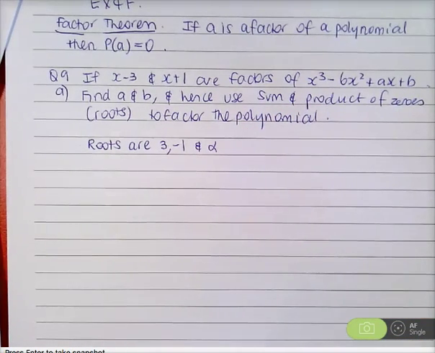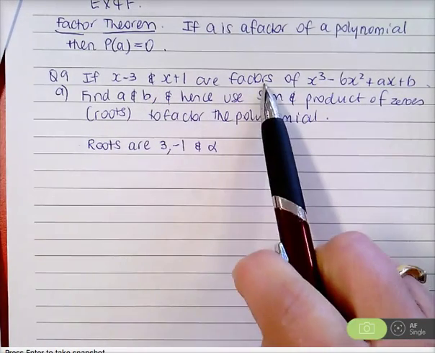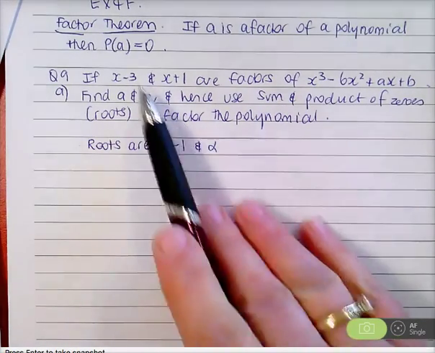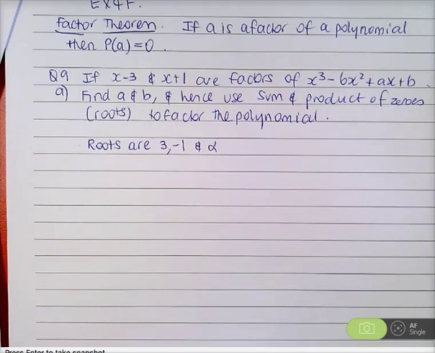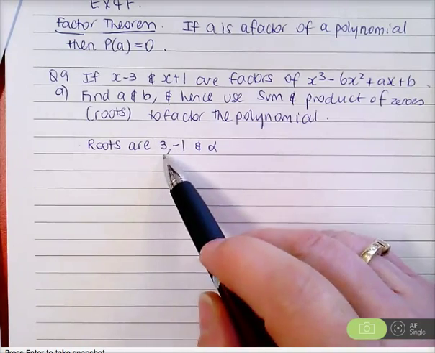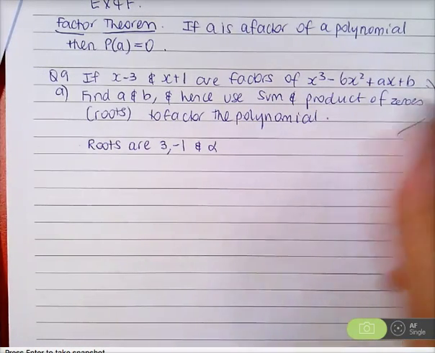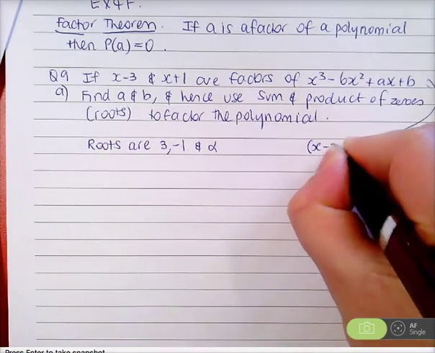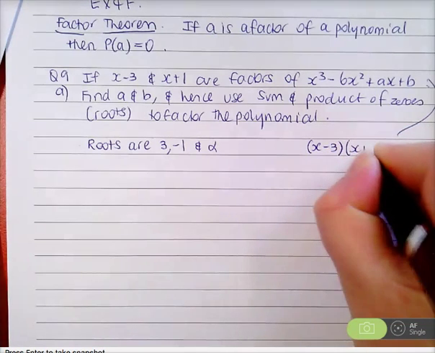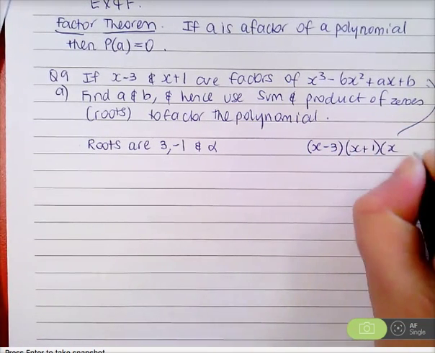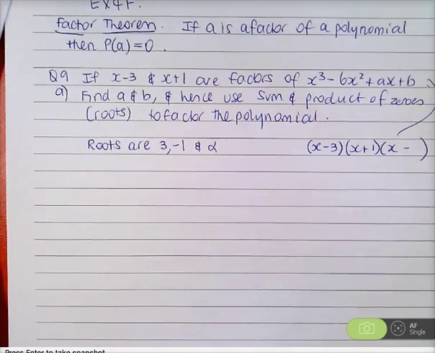Because these are factors, there's no remainder. Do you remember when we did division of polynomials? If something's a factor of something, it divides evenly into it, with no remainder. So this polynomial is really x minus 3, x plus 1, and x minus something. We don't know what the other one is.